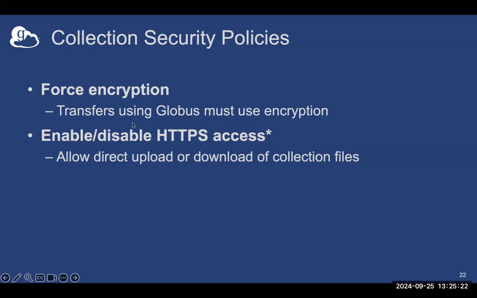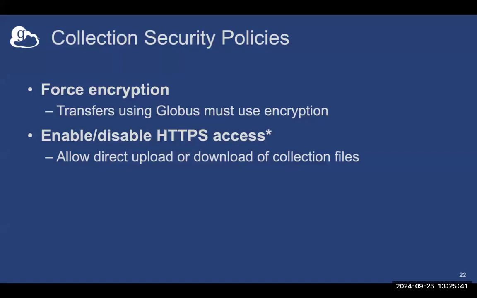And then there are also options to enable or disable HTTPS access, which is another premium feature requiring a subscription, which will allow you to directly upload or download collection files using the HTTPS protocol.